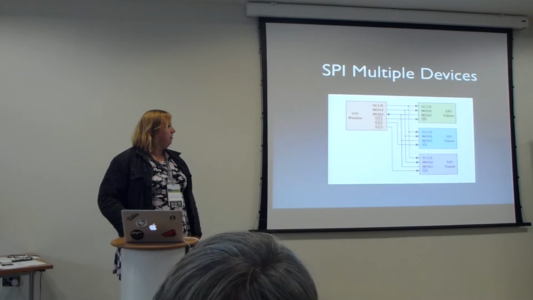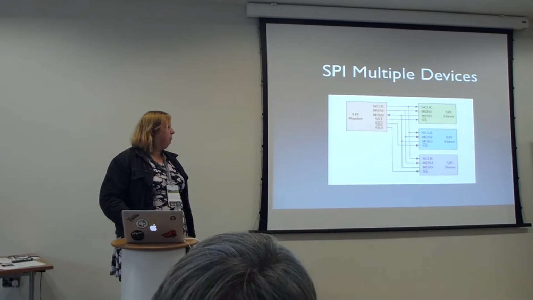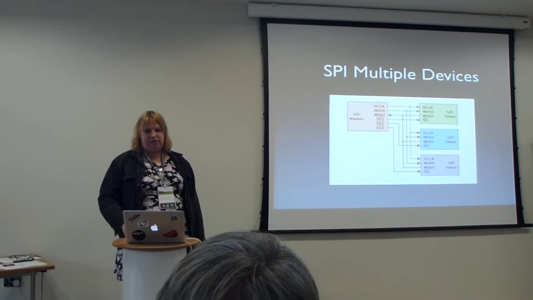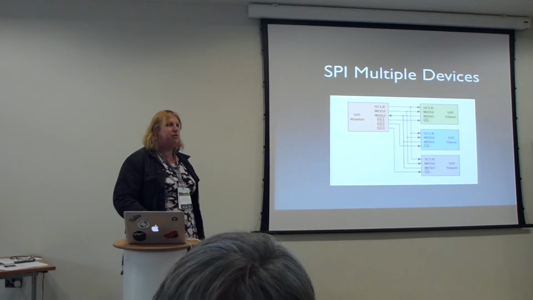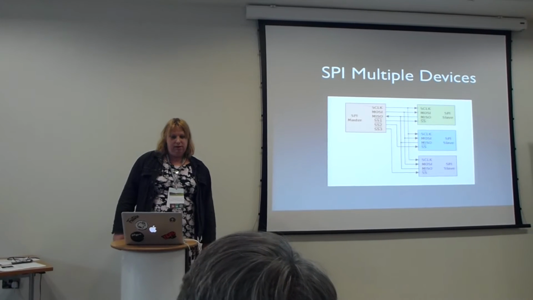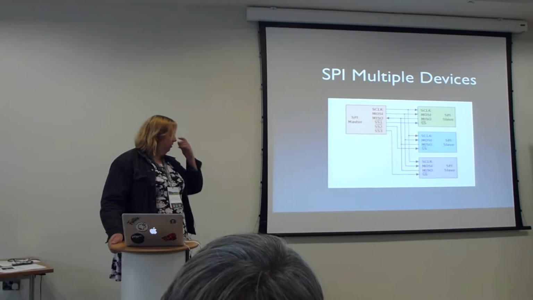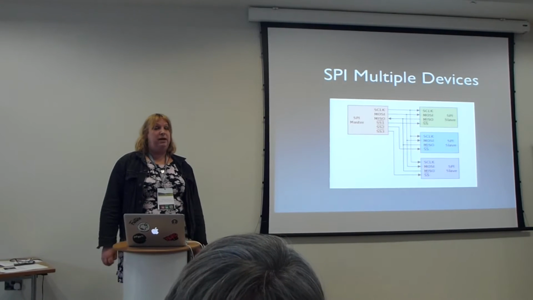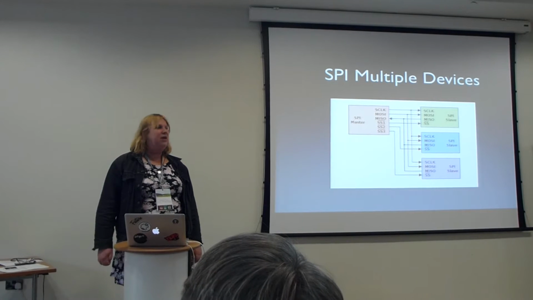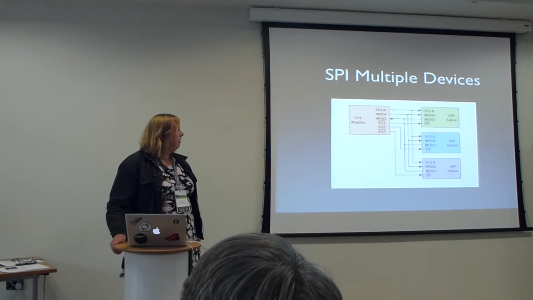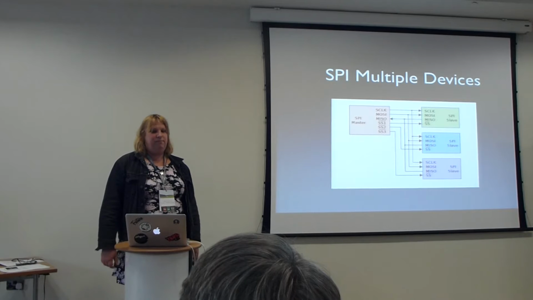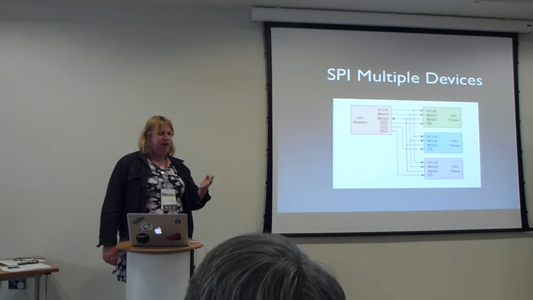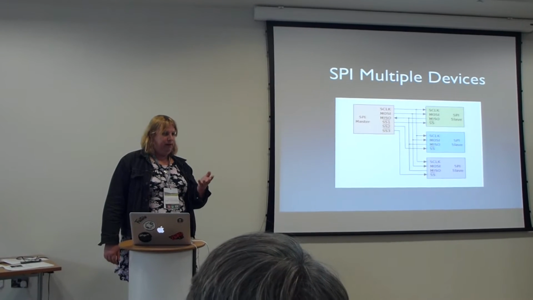Want multiple devices? You wire all the MISOs and MOSIs in parallel. You have to have a separate chip select for each of the slave devices. If you're lucky, the SPI master already has that. If you're unlucky and it only has one, you can fake it with something like an LS138, which is a decoder chip, and it's got high and low enables.